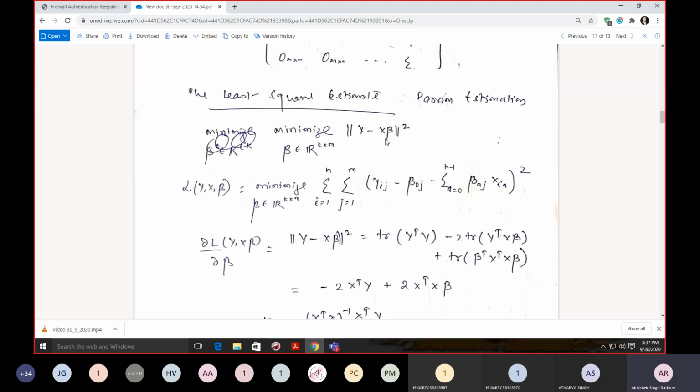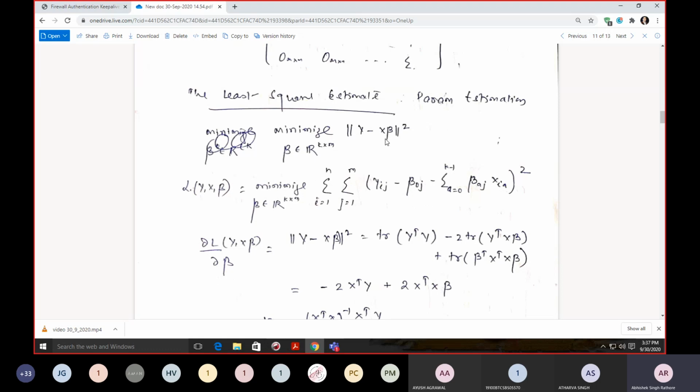So I can write this as trace of y transpose y, minus 2 into the trace of y transpose x beta, plus the trace of beta transpose x transpose x beta.